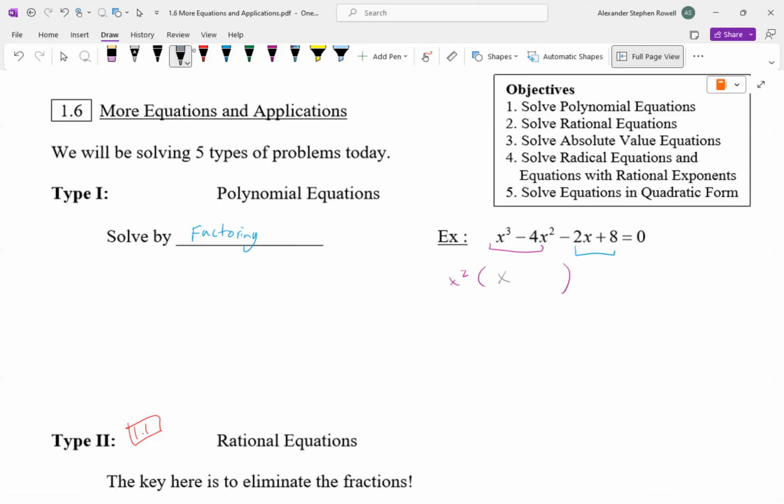And then what's negative 4x squared divided by x squared? Negative 4. What's the greatest common factor of negative 2x and positive 8? Negative 2. If the leading term is negative, take out the negative. And negative 2x divided by negative 2 is x. 8 divided by negative 2 is negative 4.